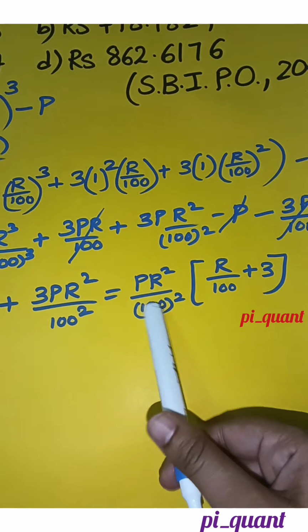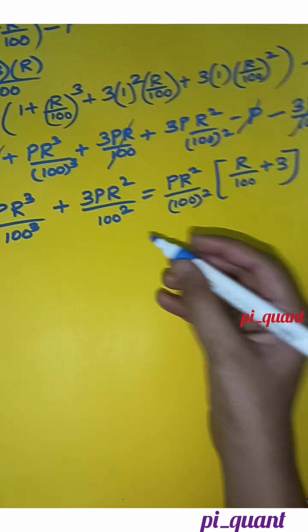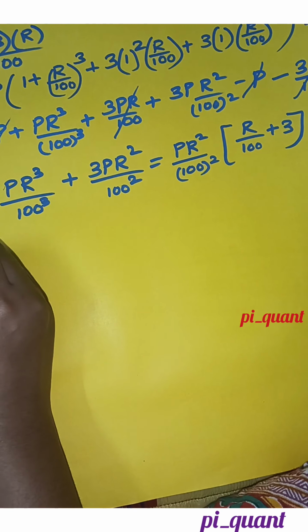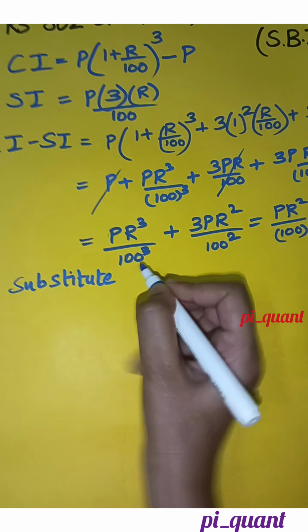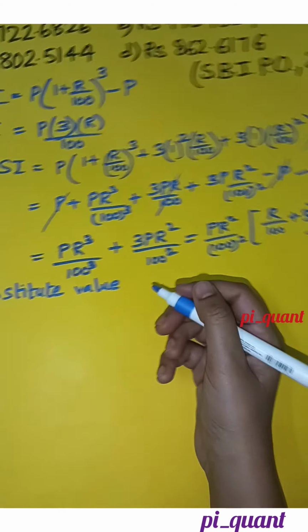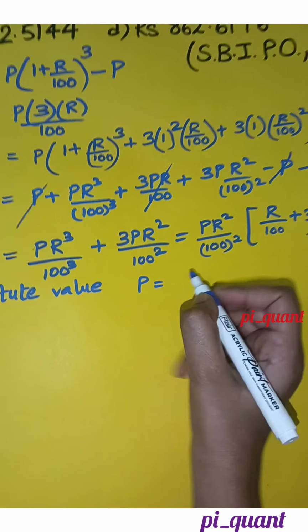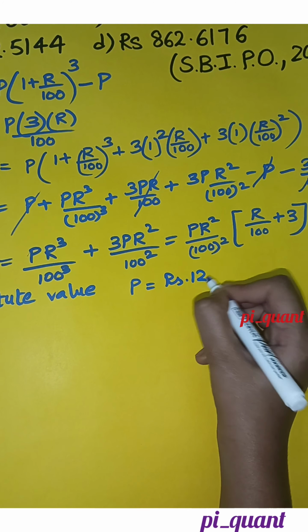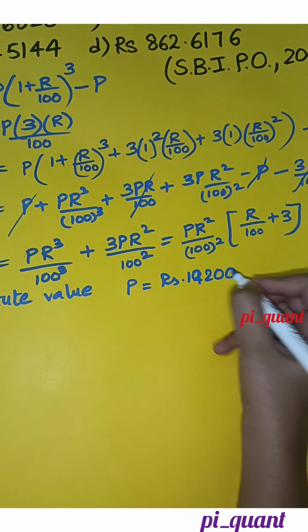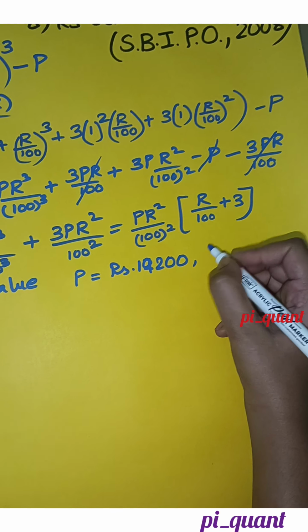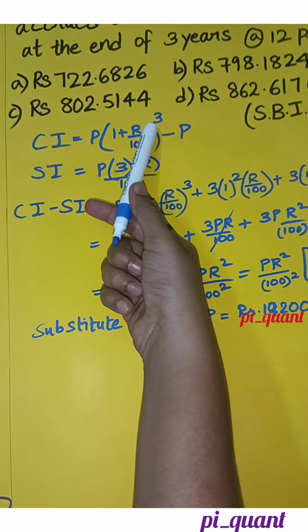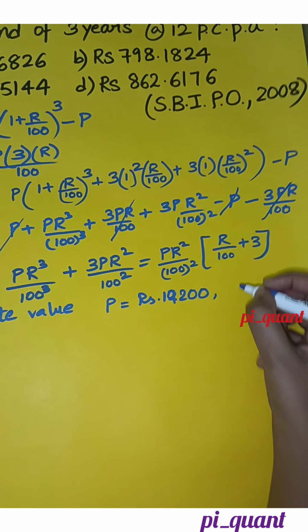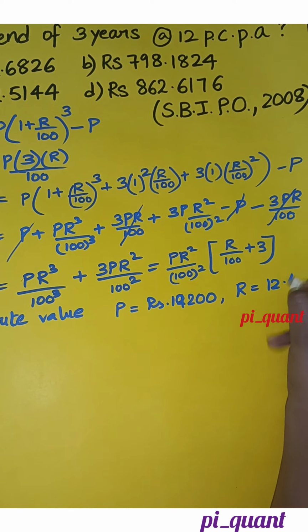Now it is just substituting values. As we know, amount P is given as rupees 19,200. Obviously we need not put the 3 years value because we have already put it in the formula. So rate of interest is nothing but 12 percentage.